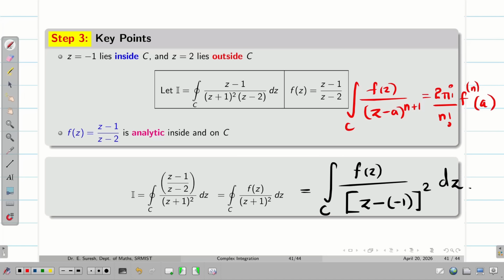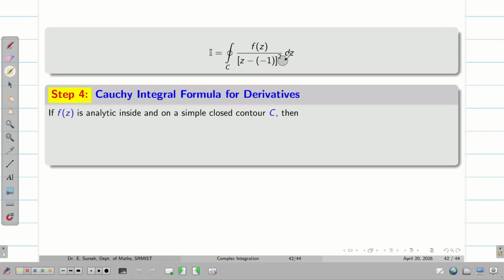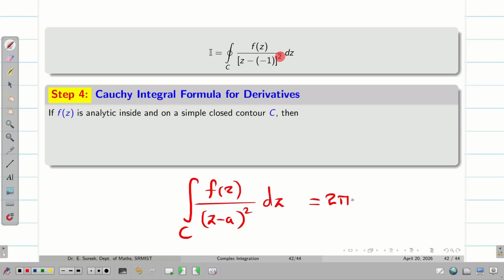Now let us apply the formula. Since my order is 2, I can write the formula as integral over C f of z divided by z minus a whole square dz is 2 pi i divided by 1 factorial into f dash of a.